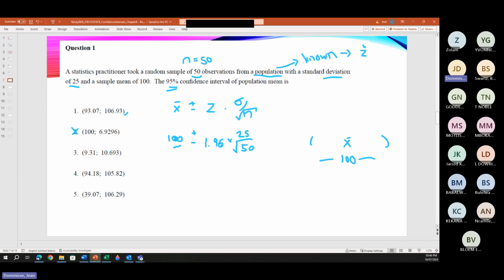There can't be 100 between 9 and 10, so that is also not the option. Can there be 100 between 94 and 105? Yes, that can be. Between 59 and 106? Yes, but probably not, because it looks very much out of sync. But for now, let's just say it might be an option.